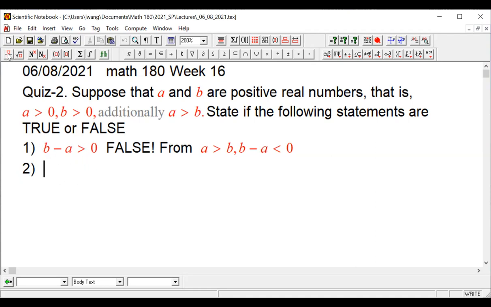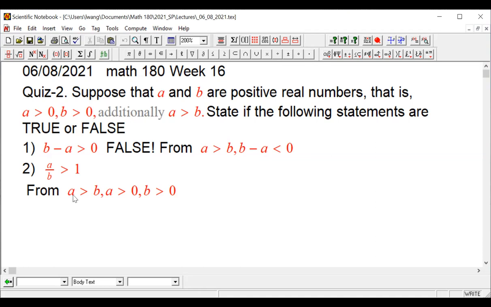The statement says, under the circumstances, A divided by B is positive. So where do we get started? We always get started from what's given: A is larger than 0, B is larger than 0.